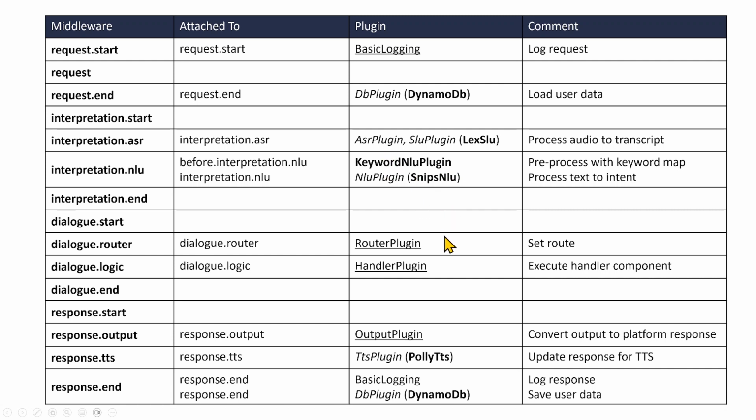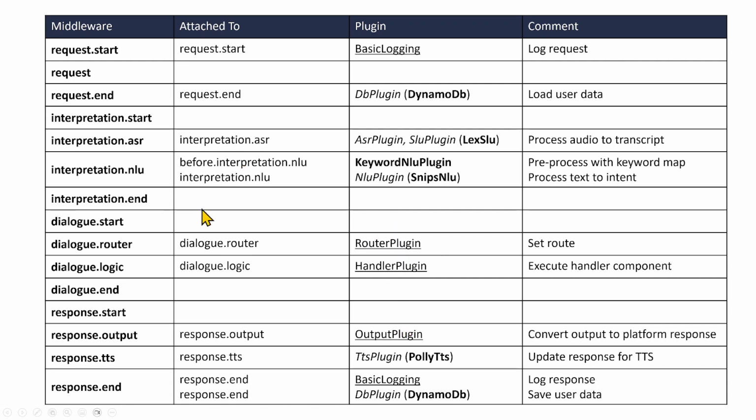You'll also notice that there are these three internal plugins for router, the handler itself, and the output. And this is just showing that a lot of the main functionality inside of Jovo are plugins.